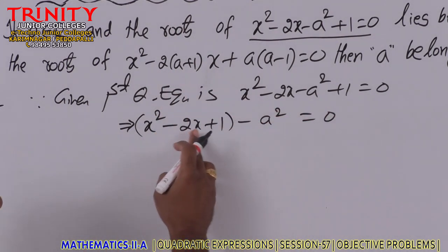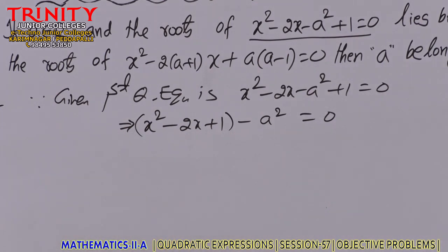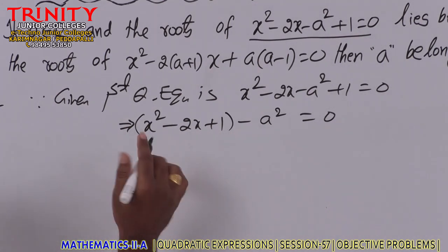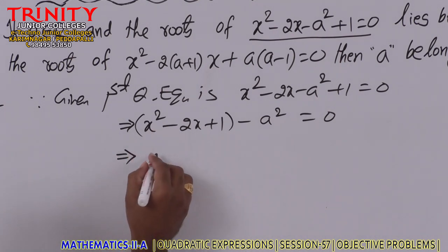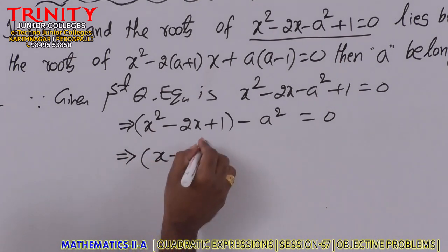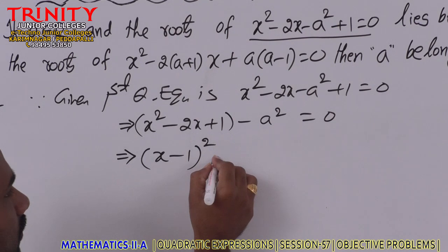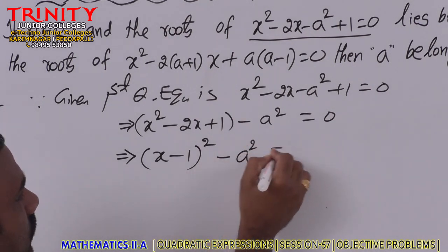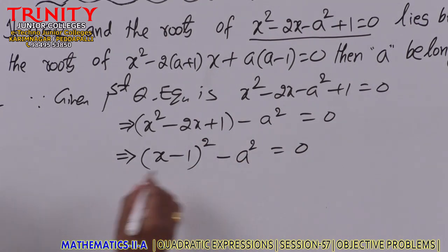Now x square minus 2x plus 1, can we write it as x minus 1 whole square or not? Minus a square is equal to 0.